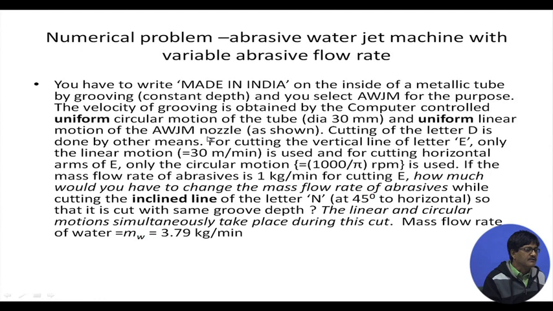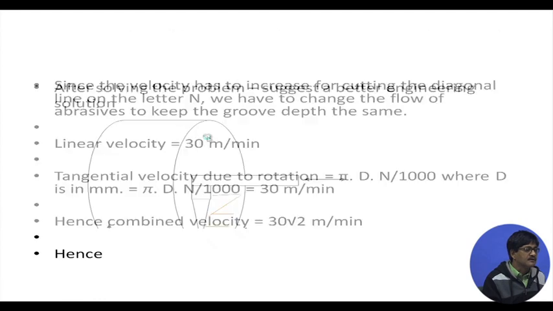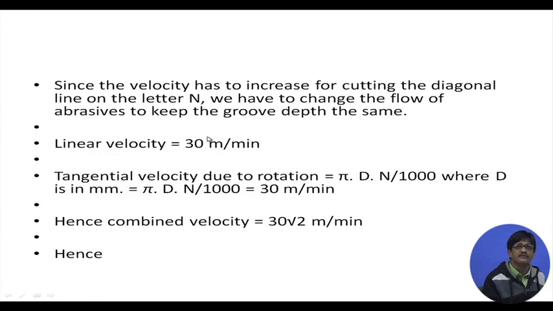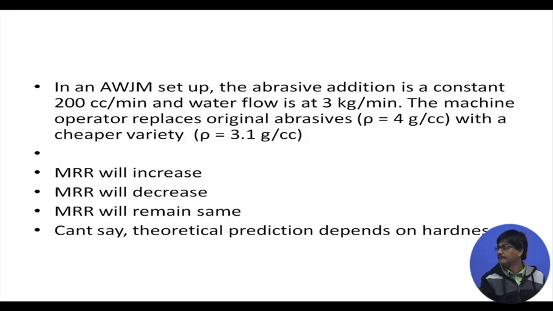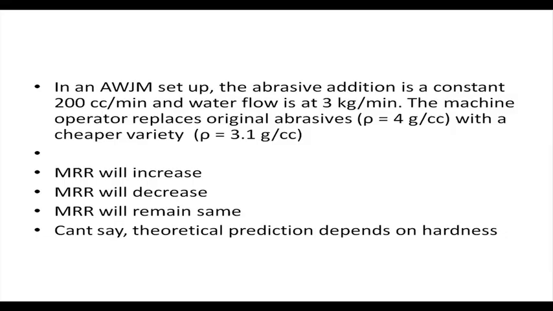So, I will end this discussion with a small example from MCQs. In an abrasive water jet machining setup, the abrasive addition is a constant 200 cc's per minute and water flow is at 3 kgs per minute.